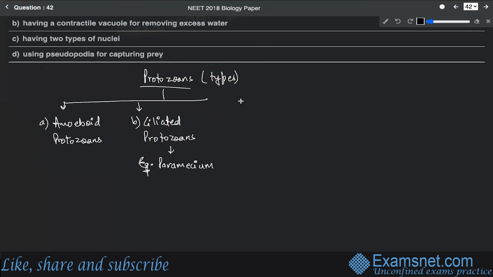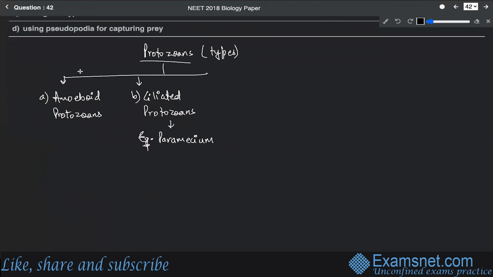And here the question is also asking about the ciliates. Then third is flagellated protozoans, that includes trypanosoma as an example. And the last is sporozoans, which includes plasmodium. All right, so that is the case.